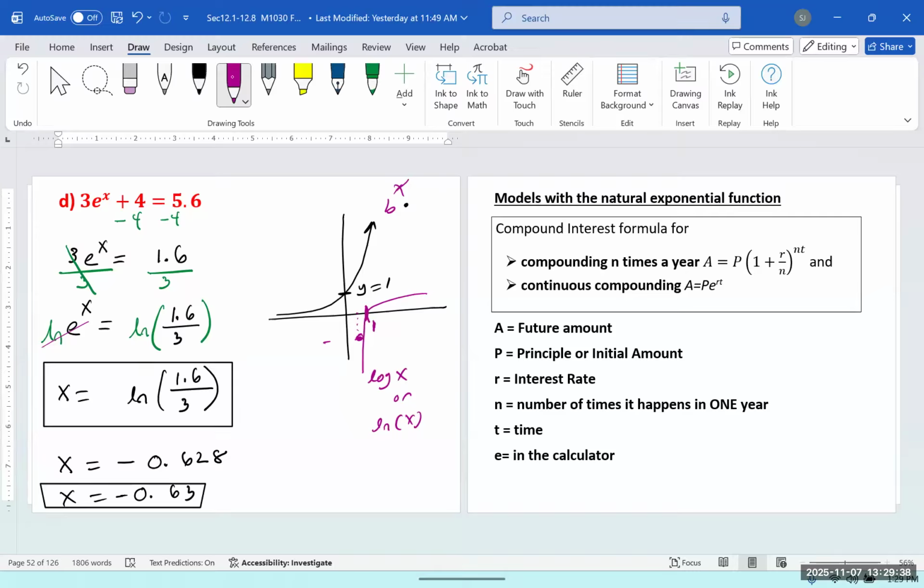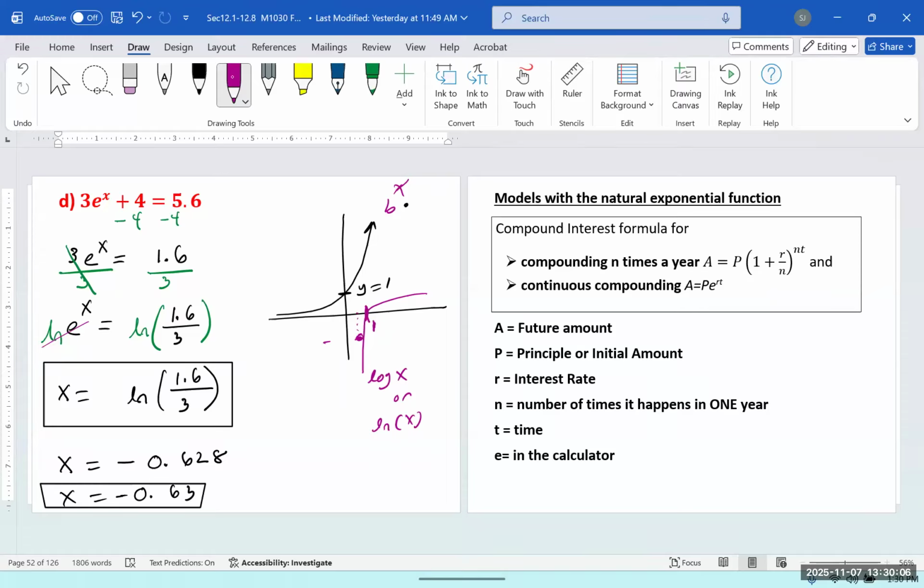The first equation says A, the final amount, equals P, the principal, how much you're investing today, times 1 plus r, the interest rate they're going to pay you, divided by n, how many times they're allowed to use your money, whole thing raised to the power n times t. T is how long you're going to keep your money in the bank, the time.